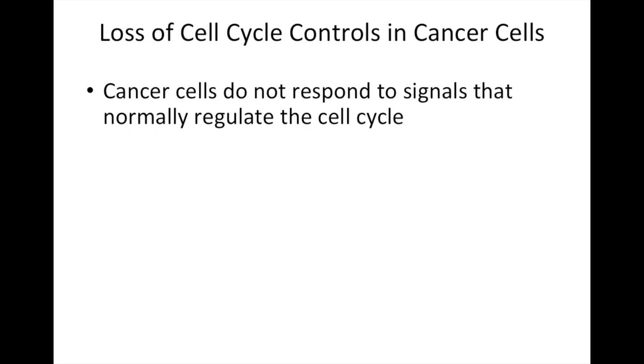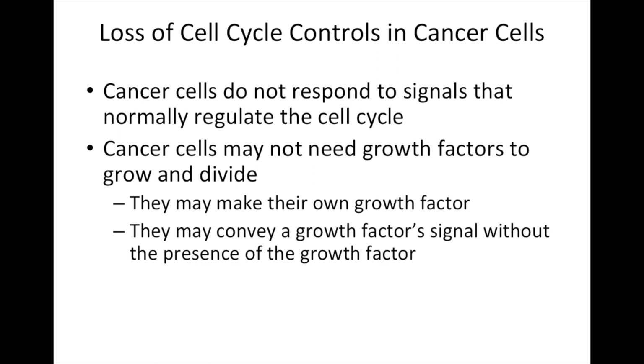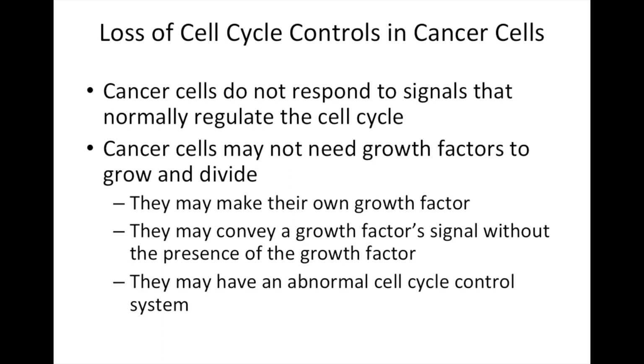They will also have ways of ignoring internal factors. They might be able to divide without the growth factors, like those cyclins. Sometimes they make their own. Sometimes they manage to say that it's time to divide without that factor present.